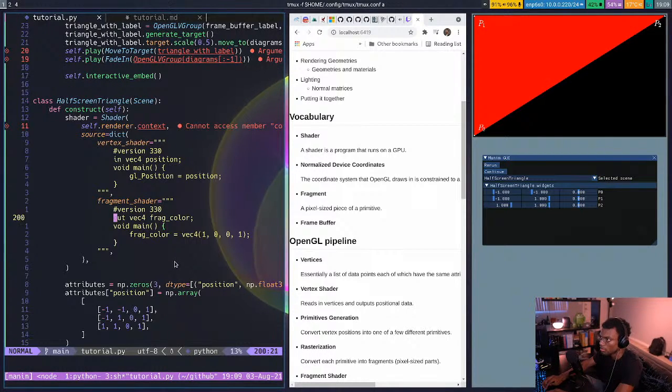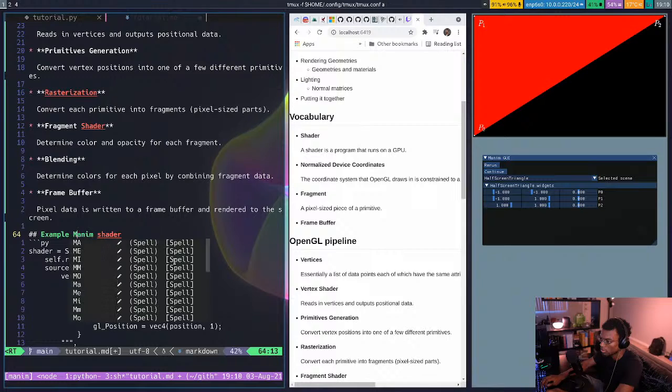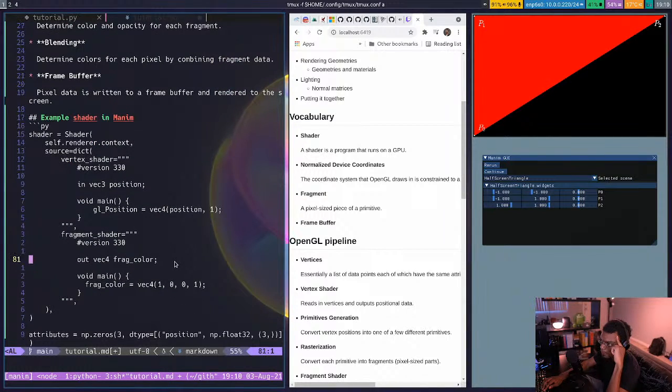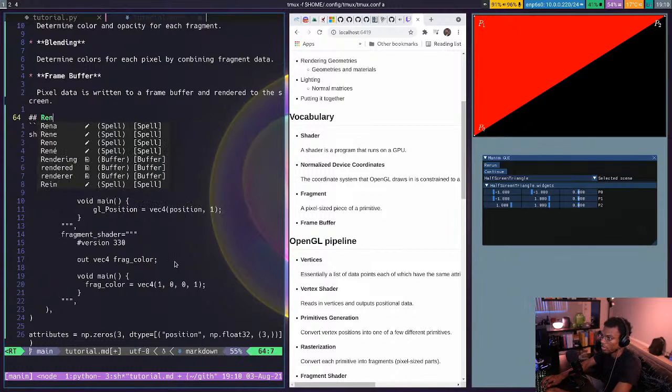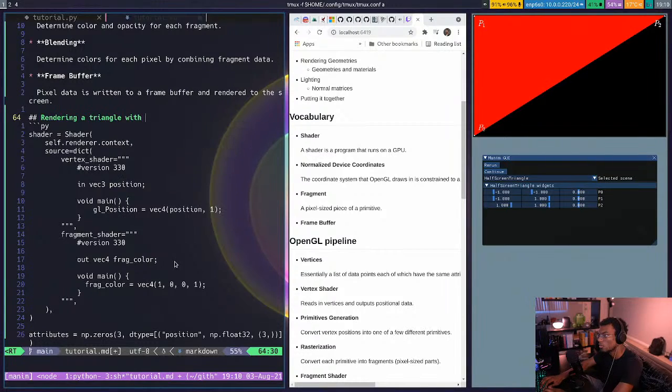Okay, let me see if I can... Alright, so this is an example, shader and Manim, like rendering a triangle with OpenGL.